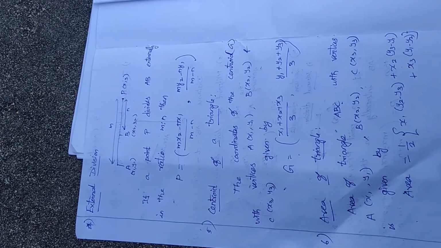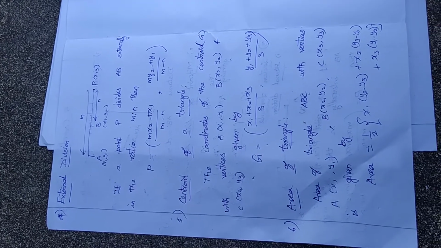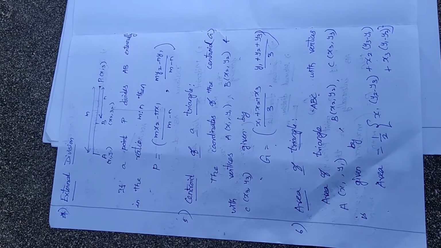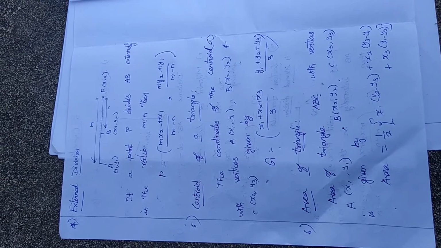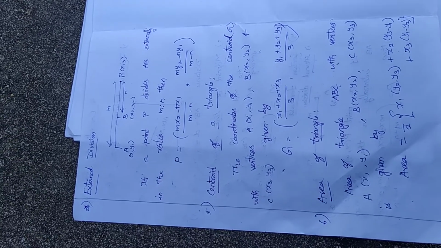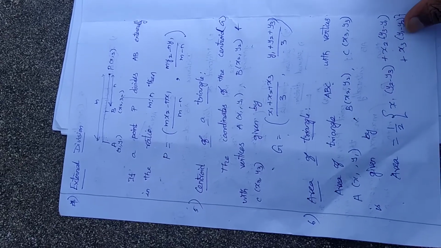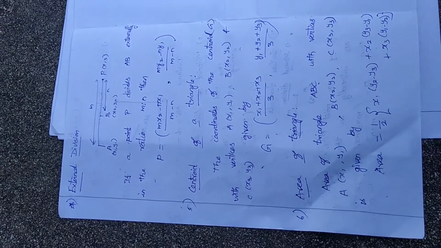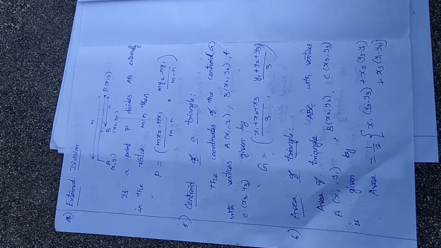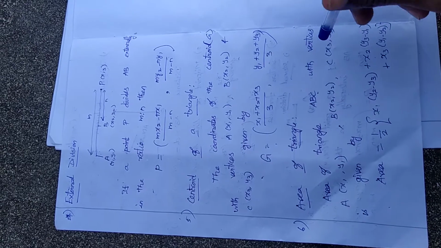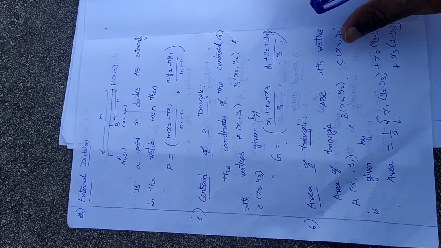Because then only you can get the value of area of triangle as positive. If you take the coordinates in clockwise direction, the area will be negative. So we have to take the coordinates in anti-clockwise direction. That will be seen in our first problem.